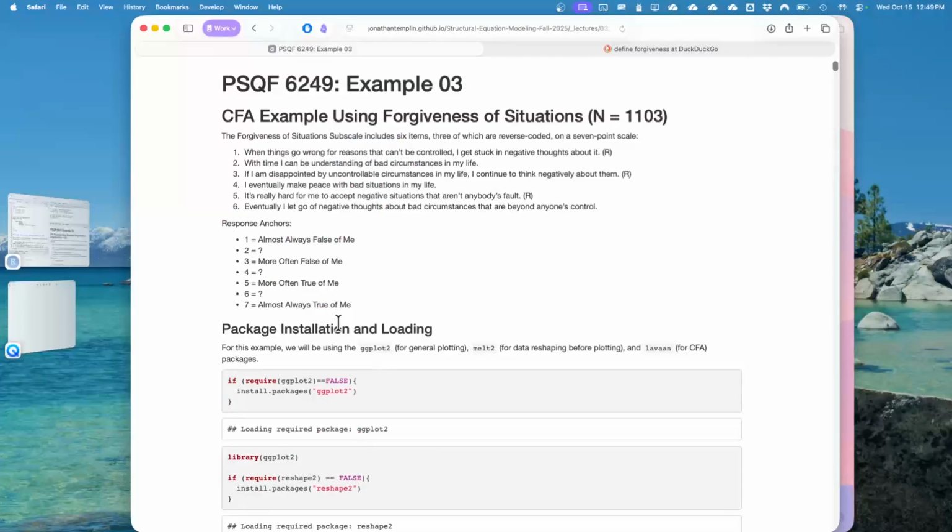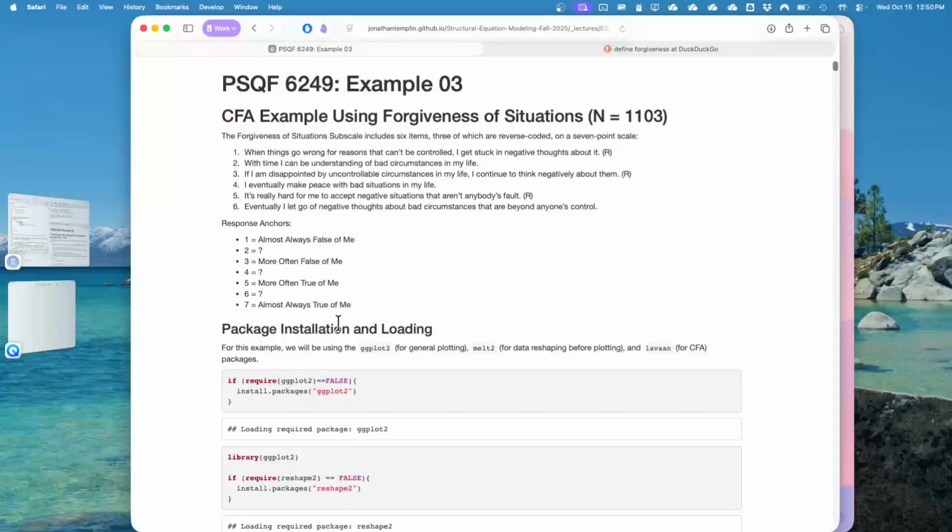Yes, question. Aaron? For the Likert scale, the points 2, 4, and 6, I was wondering what those mean. That's a great question. This example came to Lisa Hoffman by way of a different collaborator, and they did not label those points, so we are left to try to infer what that means.